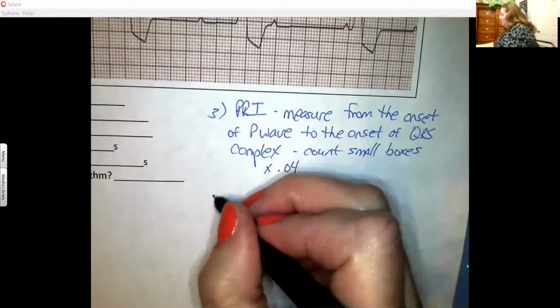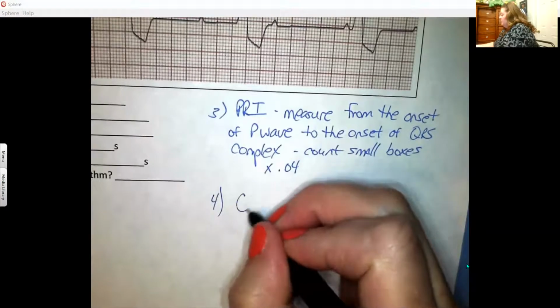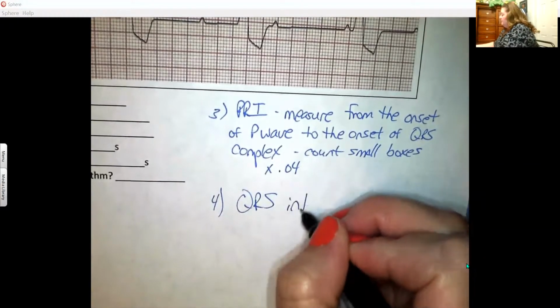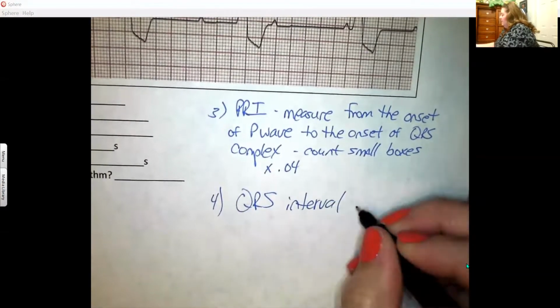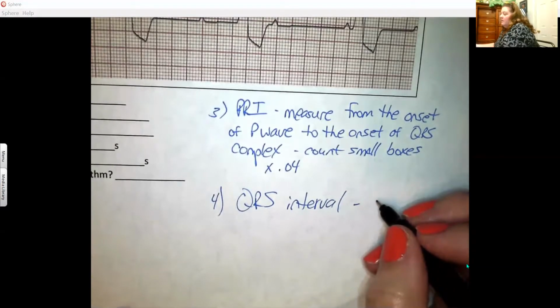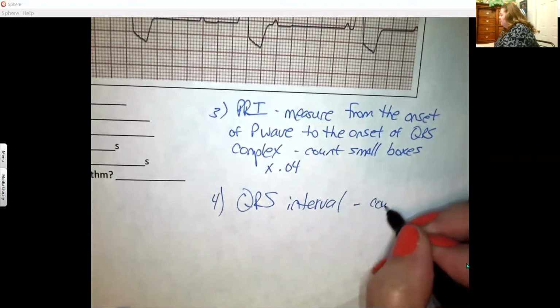And we're going to do our fourth step, which is the QRS interval. And for this one, we are counting boxes again.